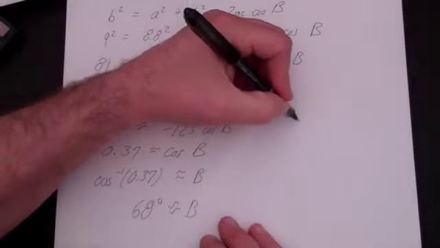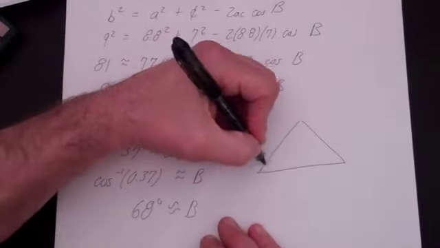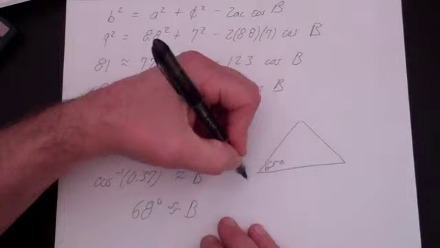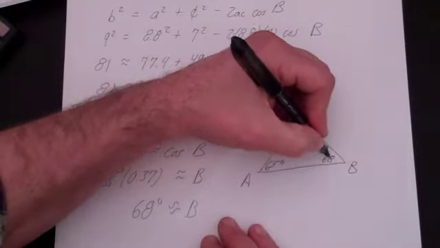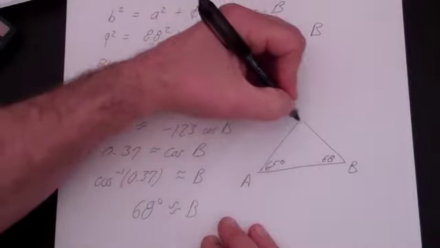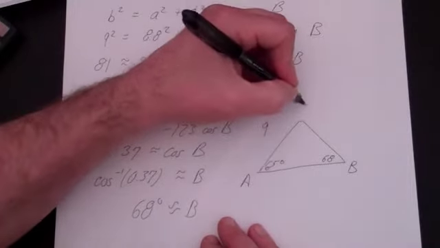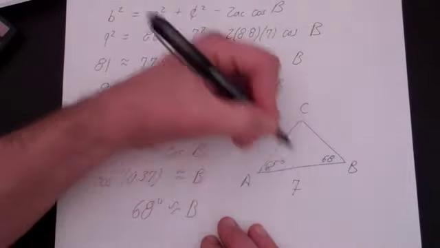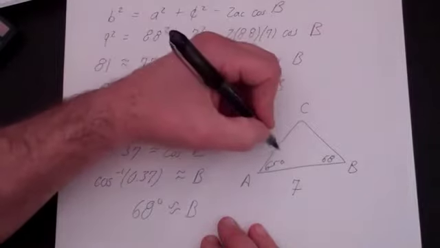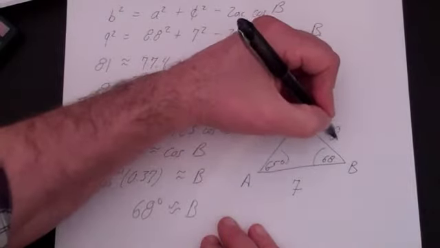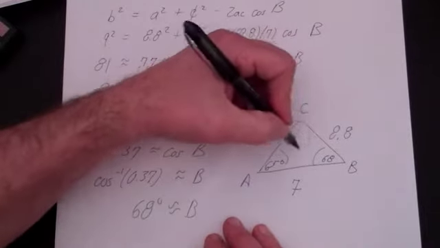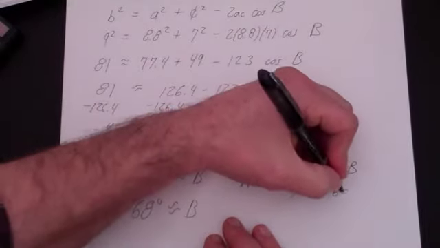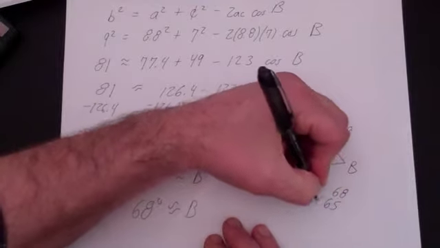If we go back to our original drawing, we knew that this was 65. That was A. This is B. That's 68. We were given that b was 9, little c was 7, and we solved for little a, which was 8.8. Now, if this angle is 68 and this is 65, let's add those together.